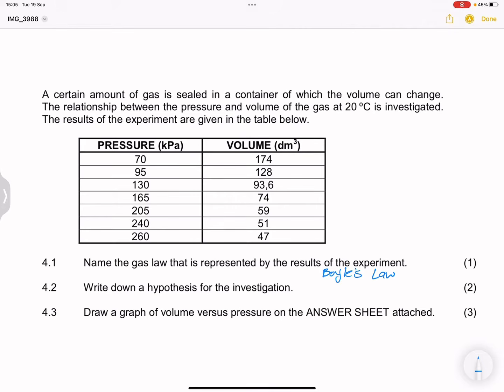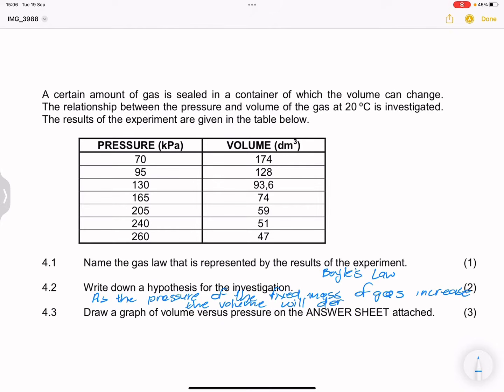So that's what I'm simply going to say: that as the pressure of the fixed mass of gas increases, the volume will decrease.